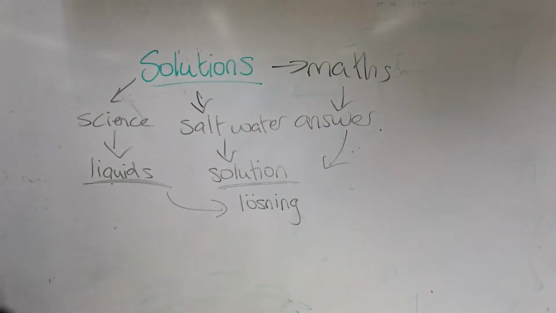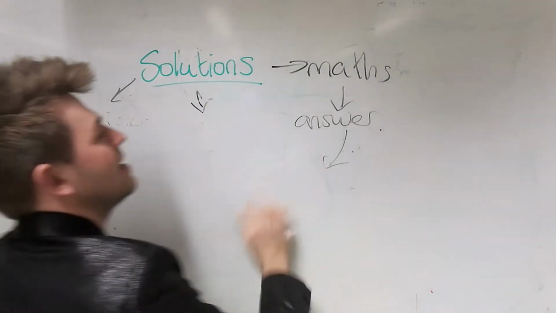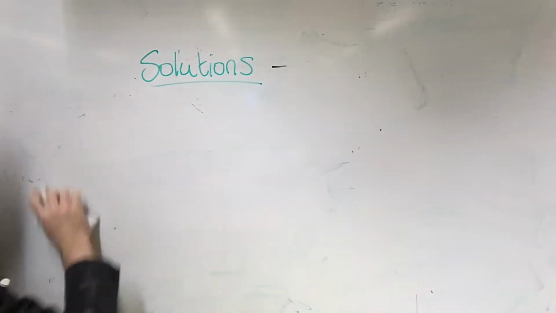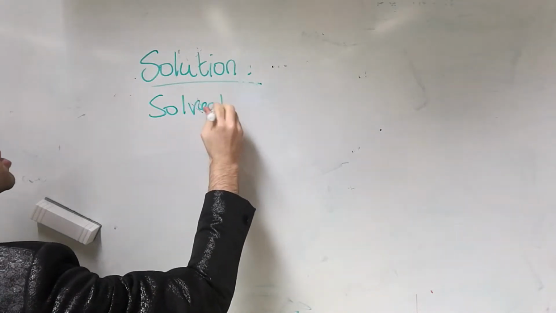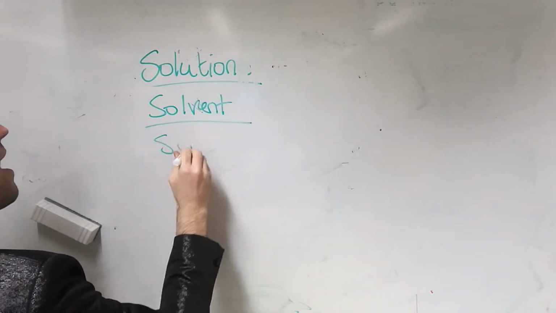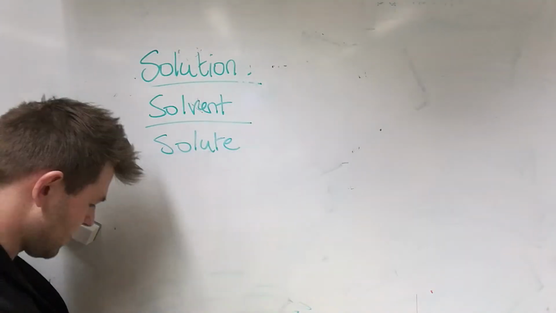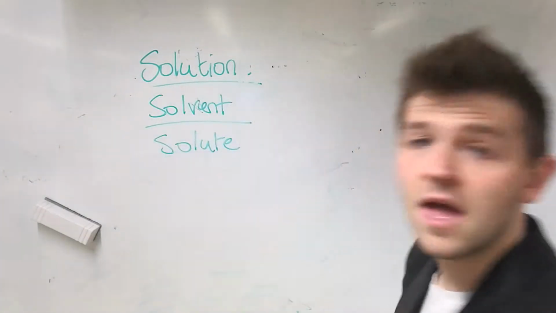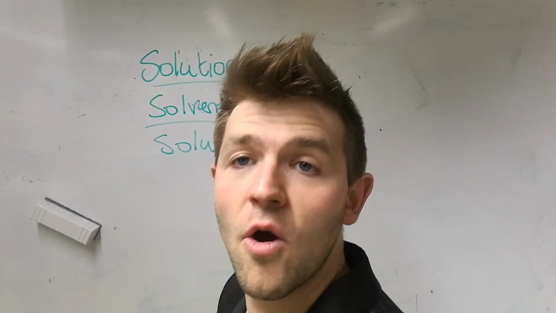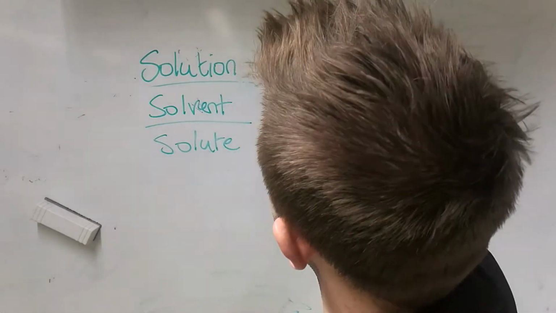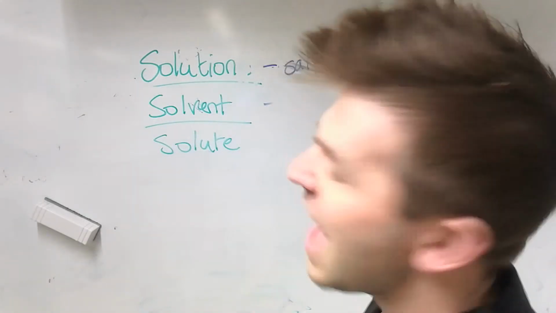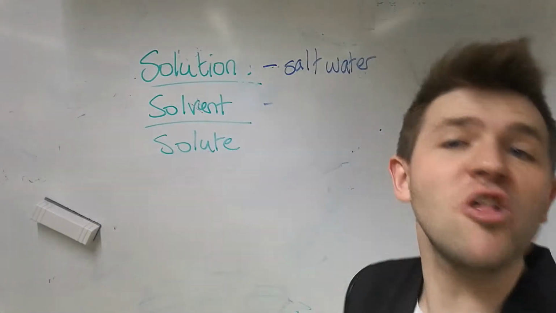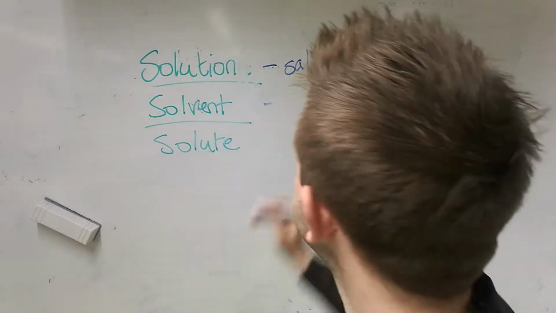To do that, I need some more words. And those other words, I've got solution, I've got solvent, I've got solute. Now, in this example here, with my solution, which was salt water, I have a solvent, and the solvent is the liquid part. In this case, that's the water.